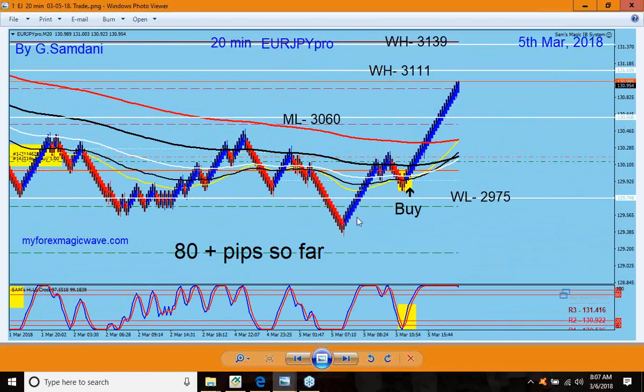So 29.75, it very nicely bounced from here, then came back and started bouncing, and right here, a little bit late, but I opened the trade. This one also went up and I closed it at 31.39. I couldn't save the chart, but I closed it right here, and the level is mentioned there. It's a weekly high, 31.39. Very good level, very strong, obvious level. So this is how you do it.